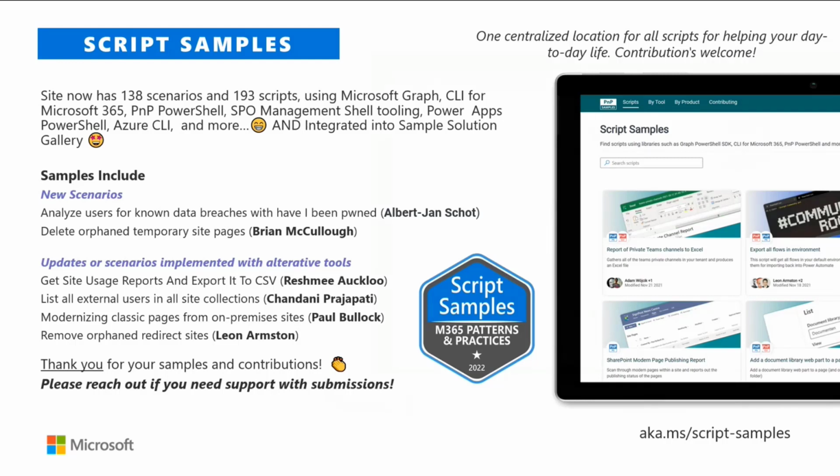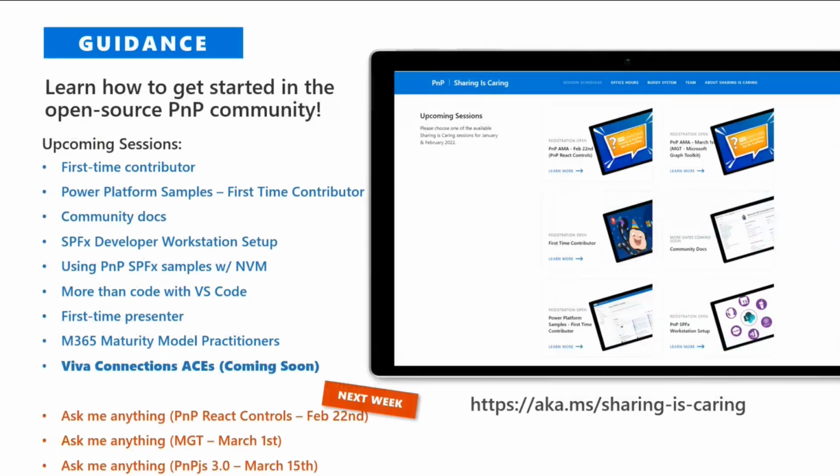Now, perhaps you want to get more involved, but you're a little nervous about how to do that. Well, the Sharing is Caring program is a program that is here to provide you assistance, and not just assistance by way of go read or watch a video. No, assistance that's hands-on in safe space sessions, not recorded, collaborative opportunities to meet with members of the PNP team, MVPs in the community, and other collaborators that are like-minded and want to work with you in contributing and creating amazing samples and using the resources.